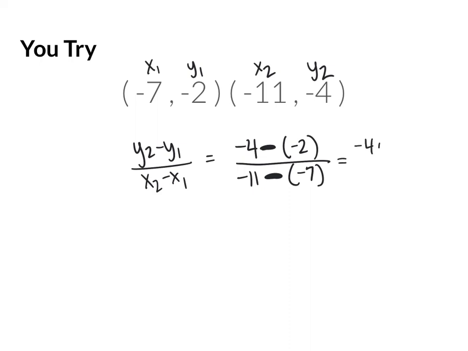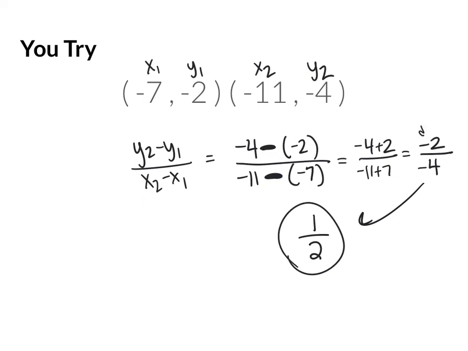I simplify them. That double negative gives me a positive. And negative 11 minus negative 7 is negative 11 plus 7, giving me a final answer of negative 2 over negative 4, which simplifies to a positive 1/2 because I had a negative divided by a negative, giving me a positive.